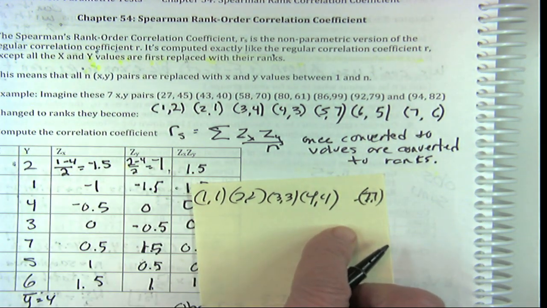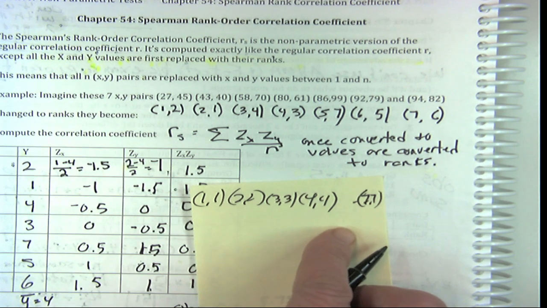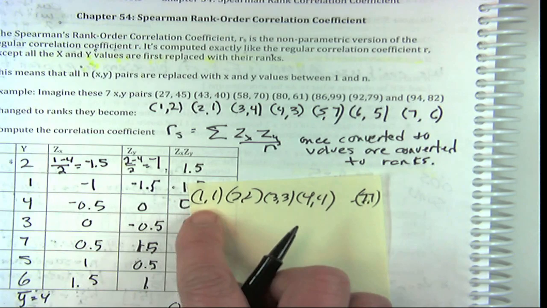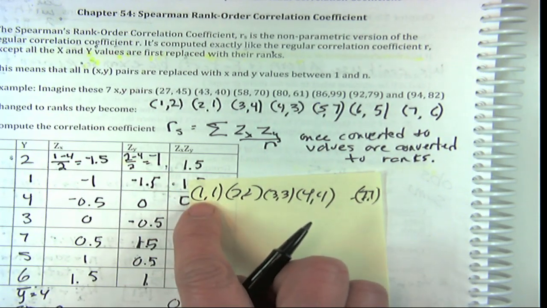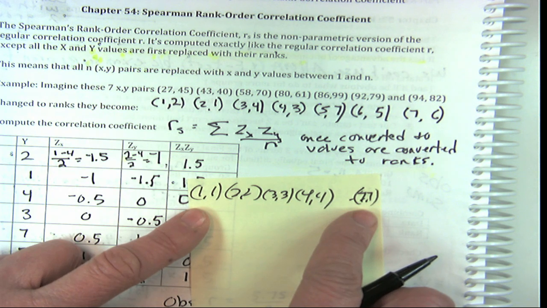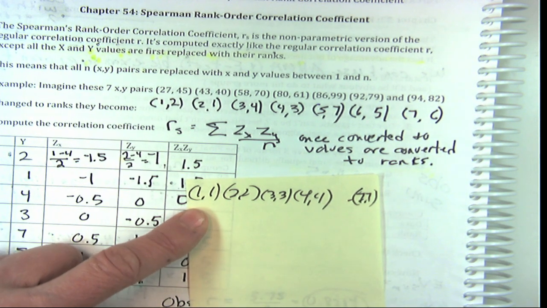Now, how would I figure that out exactly if I didn't want to use the normal curve? What I could say is, how many possible permutations, if you want to do it exactly, how many possible ways are there to pair up 7 numbers like this?